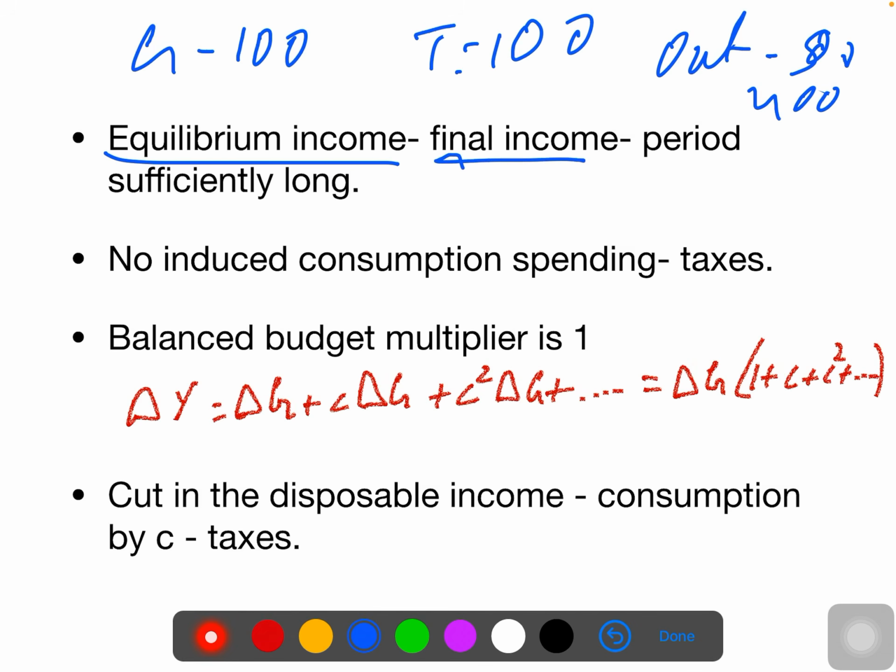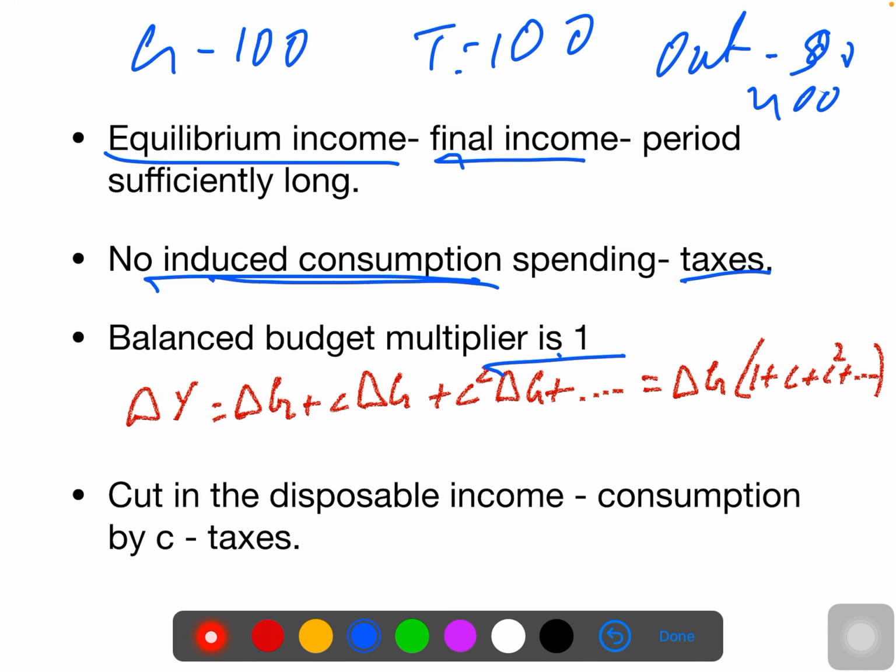With no induced consumption, what is going to happen is spending due to the increase in taxes. To see why the balanced budget multiplier is 1, there is no induced consumption spending, but taxes are still equal to government spending. This shows why the balanced budget multiplier is equal to 1.